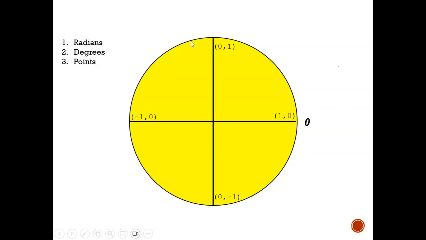Now the unit circle goes counterclockwise. We start with 0, and if we do a complete turn, the radians is going to be 2 pi.